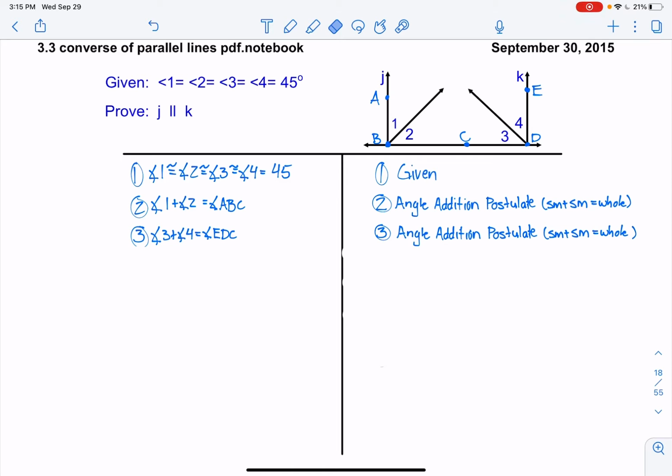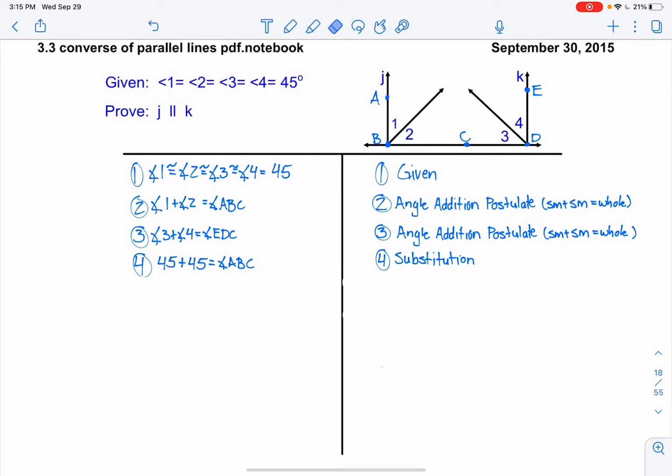Okay, now that we have that, we've used our definition or postulate, there's a very good chance we're going to plug stuff in now. So when we do that, I go 45 plus 45, because that's what angle 1 and 2 are. So this 45 degree angle plus this 45 degree angle equals that whole angle.